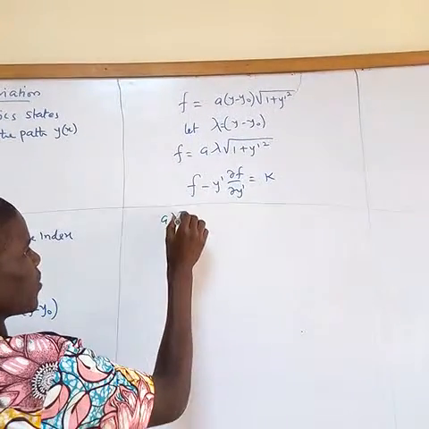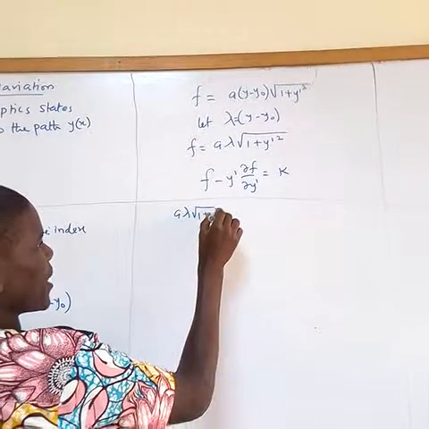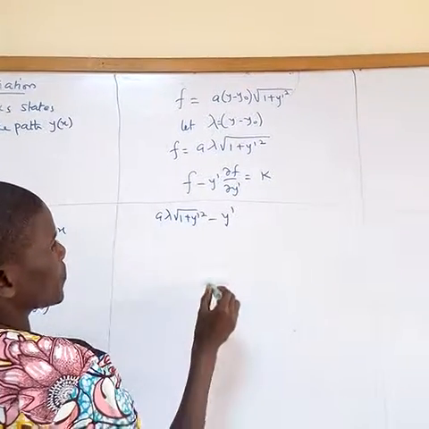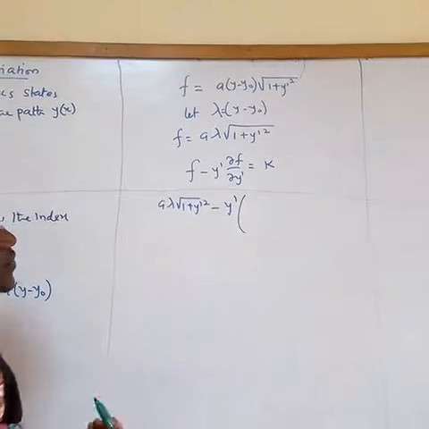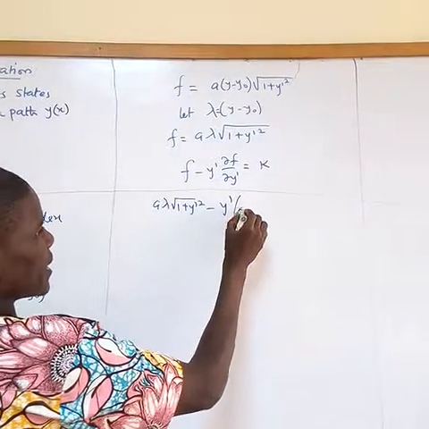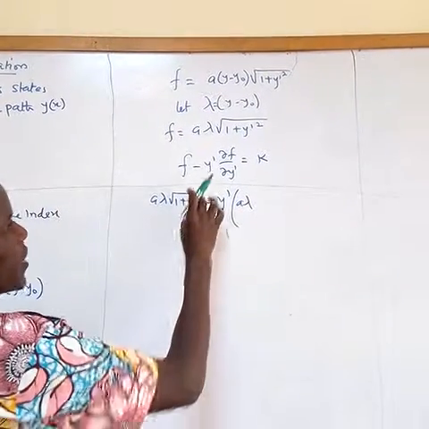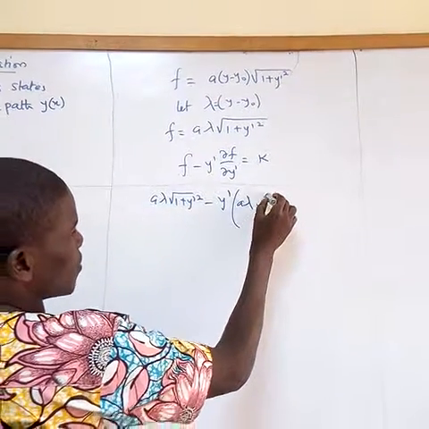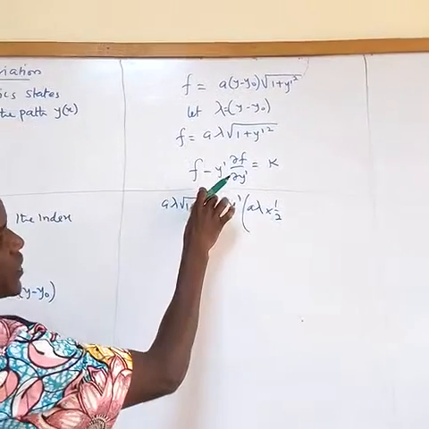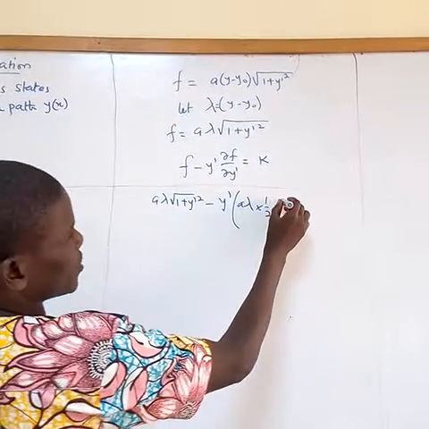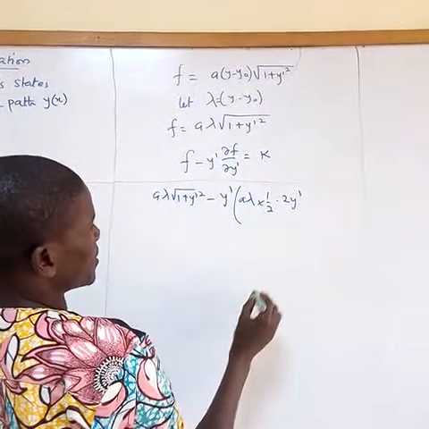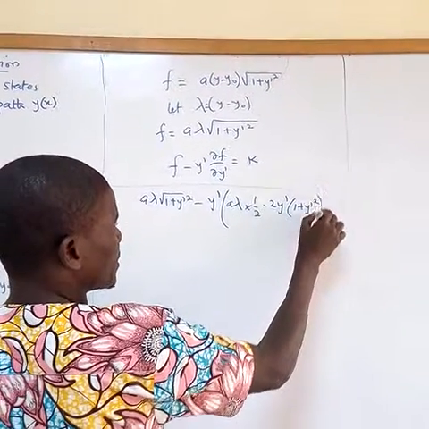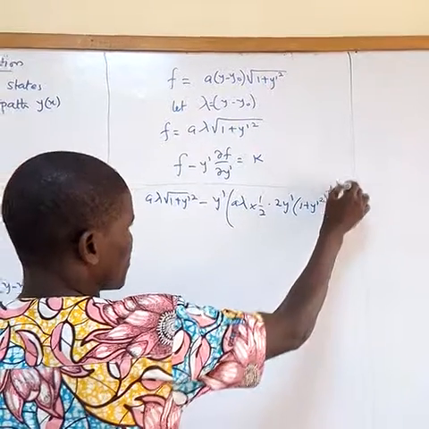A lambda square root of 1 plus y prime squared minus y prime. So now let's differentiate. So we are going to have a lambda, then we have to drop the square root on this to give us times 1 over 2. Then we differentiate what is inside, times 2 y prime, against this into bracket 1 plus y prime squared raised to power half.